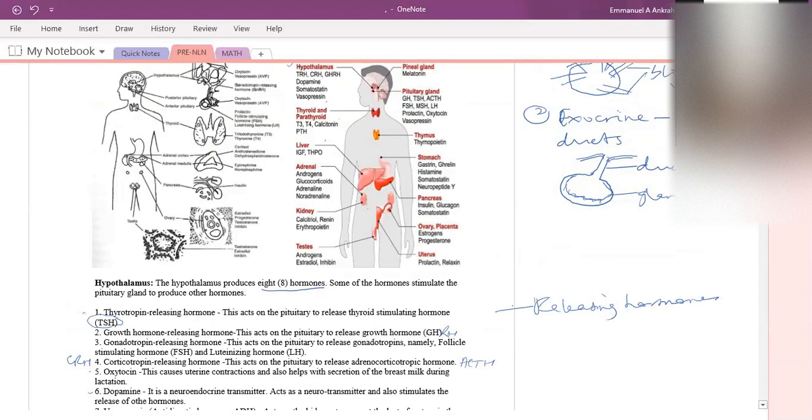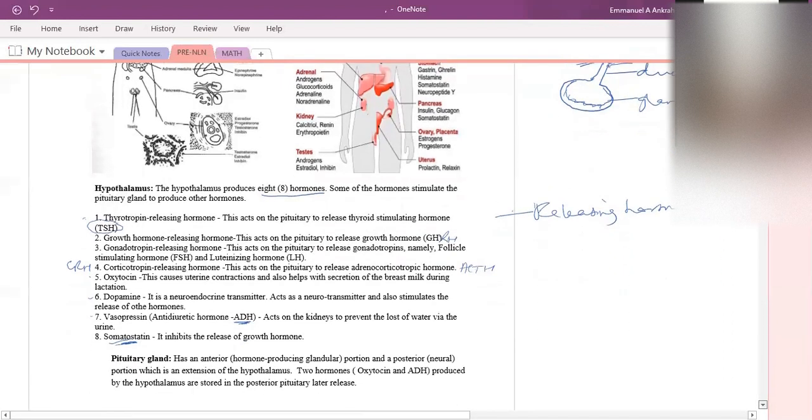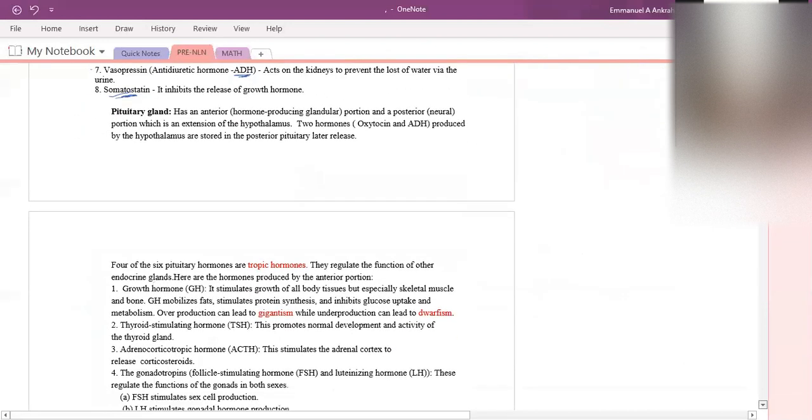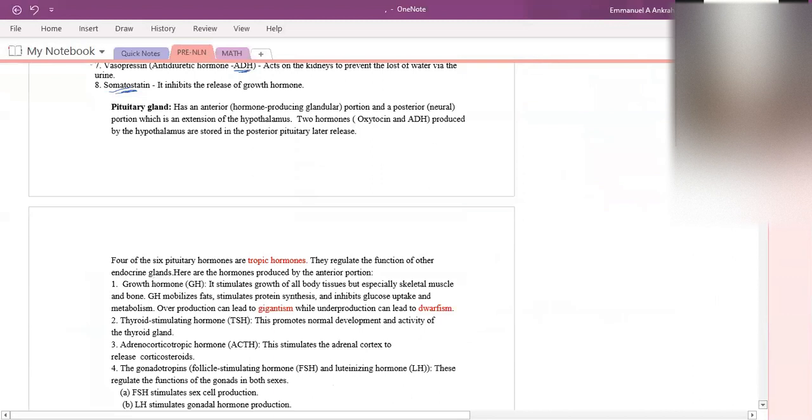So the pituitary gland, as I said, that's below the hypothalamus, just below the hypothalamus. I'm going to draw it a little bigger here. So the pituitary gland, if you have the hypothalamus here, the pituitary hangs under it like this.